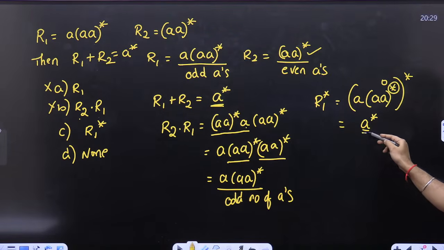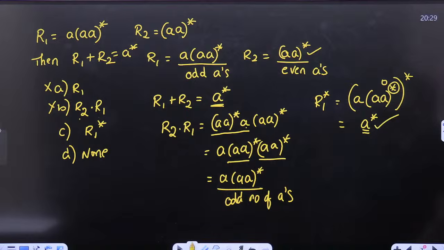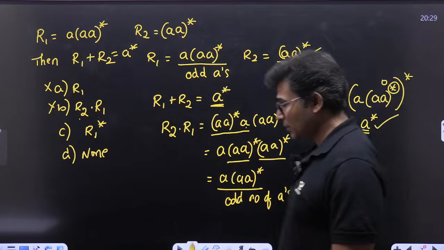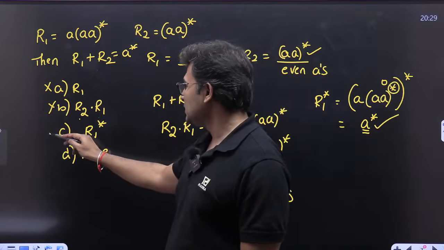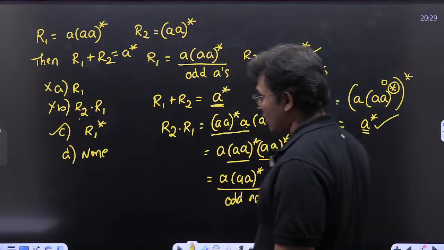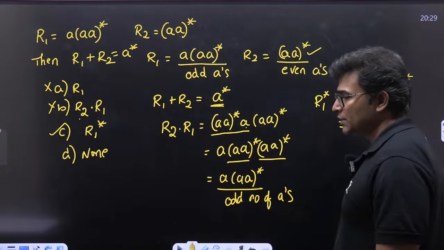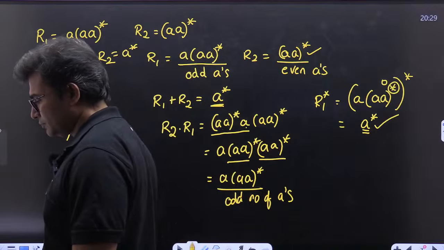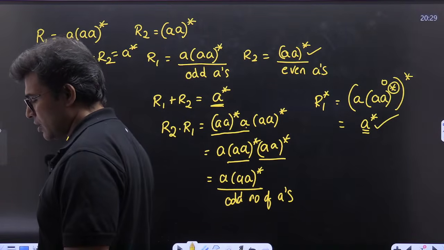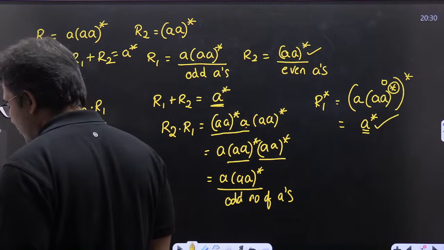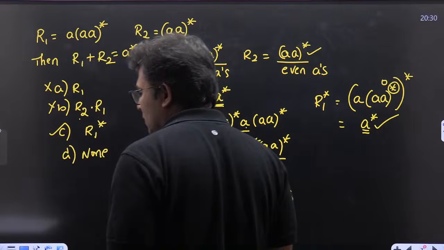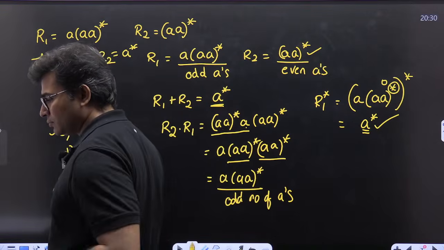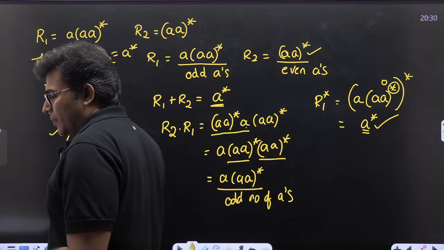So when I get A star, it is everything, right? So C is A star. R1 star is A star. So C is the answer. Okay? Yeah, Kush, you understood the explanation? Fine.